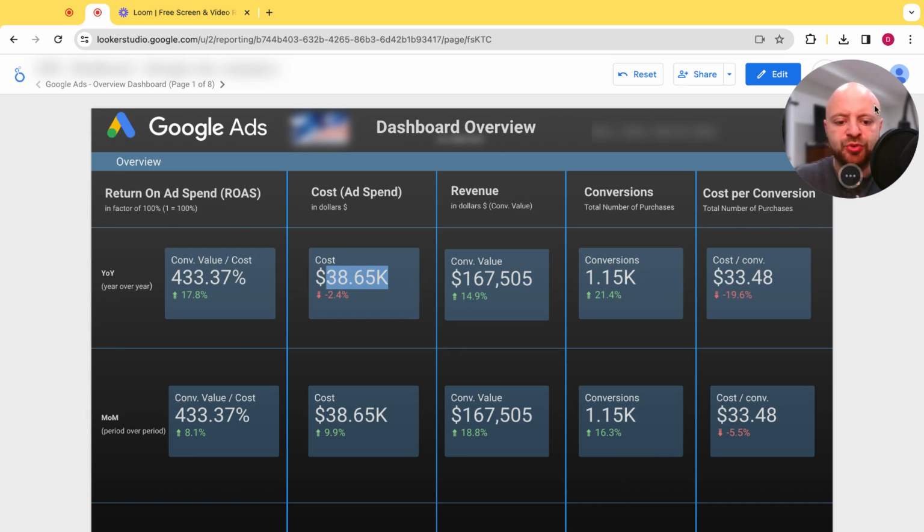One thing I noticed too is that this conversion value has also gone up month over month, which I love to see. Our overall conversions have gone up month to month. The main thing for this client, though, that I'm looking at for improvement is here. We decreased cost a little bit. The client wants to scale up. So even though we made our campaigns more efficient from last year, which is great, we need to pay attention to this for our key performance increase, because that's going to tell us this is where we need to focus now.